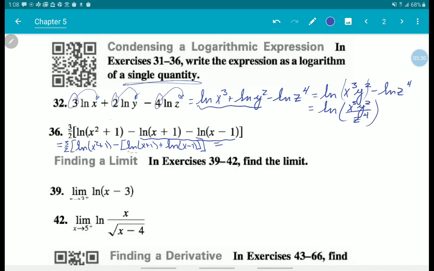Now I see I can put these two together, and that's going to use that property that takes the sum of two logs and combines it into a product. So it's going to be the ln of x plus 1 times x minus 1.